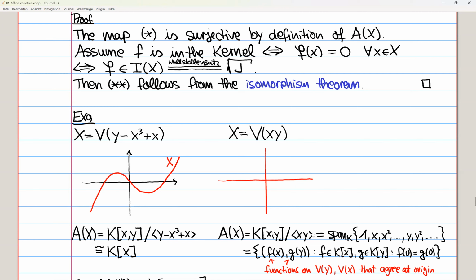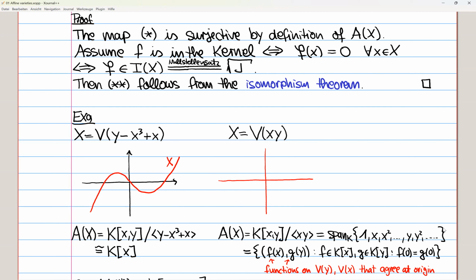And this ideal contains all monomials where both x and y appear at least with power 1. So what is left after taking the quotient is those polynomials where either x or y do not appear. Of course 1 satisfies this, and any polynomial just in x, and also any polynomial just in y, and these are everyone.